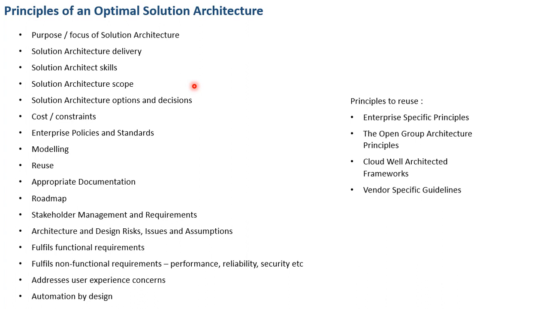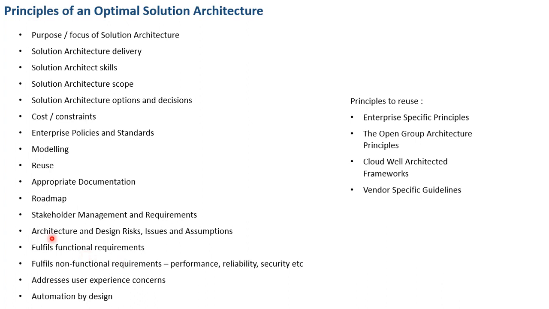It includes having a clear scope, addressing cost constraints, appropriate documentation, and we covered in the previous video, too little, too much documentation, and in my view a good solid artifact structure depending on the complexity of a solution. You need to address requirements, stakeholders, importantly, both functional and non-functional requirements.